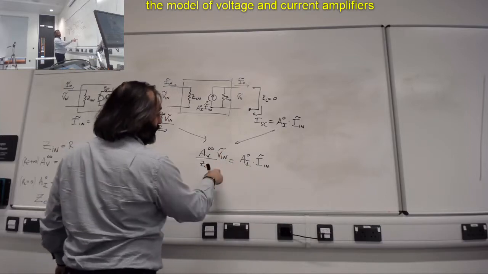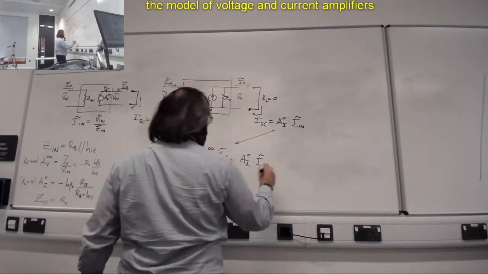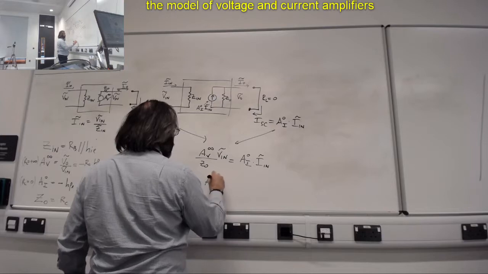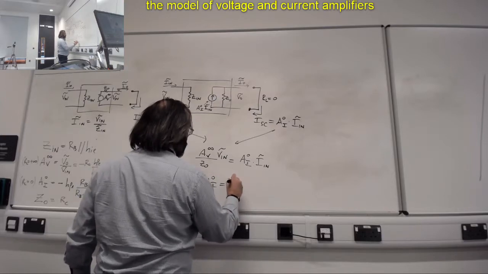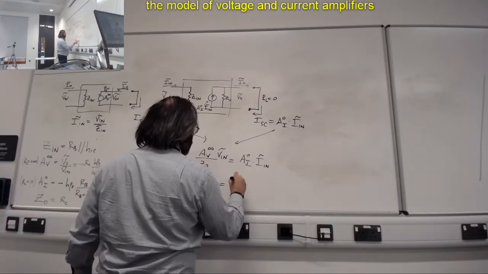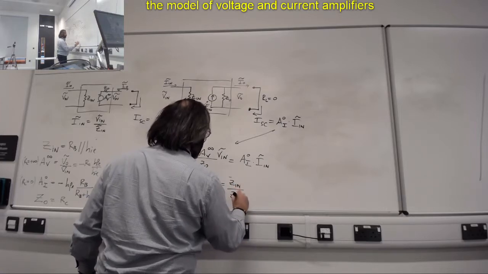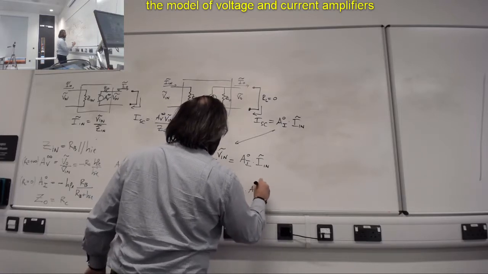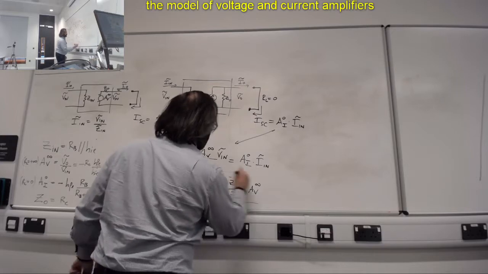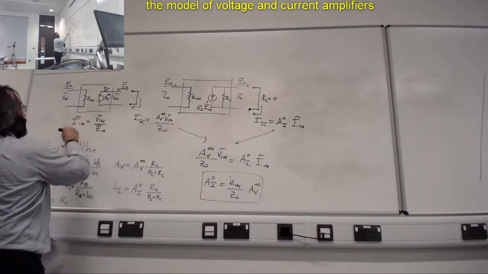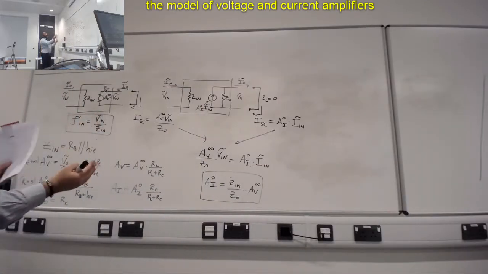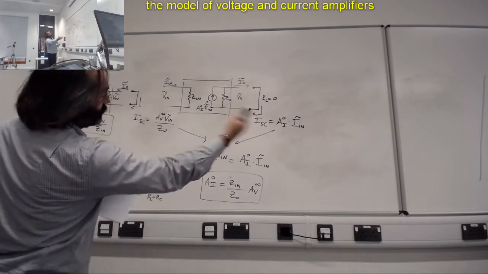V in over I in is Z in, and so I can finally write that AI 0 must be Z in over Z out. So we've got a relation for the input and a relation for the output.